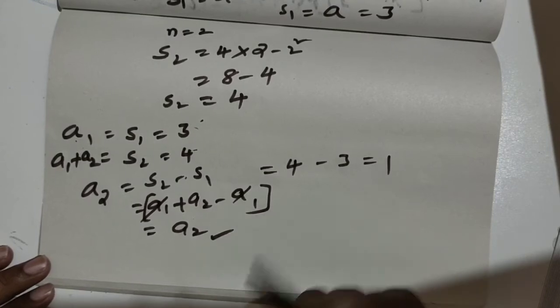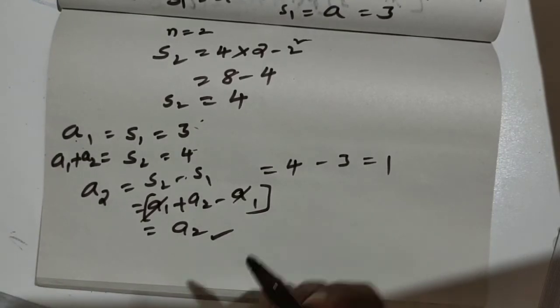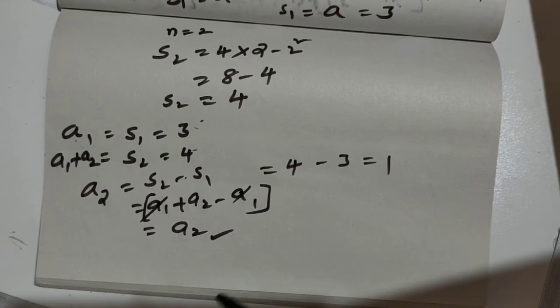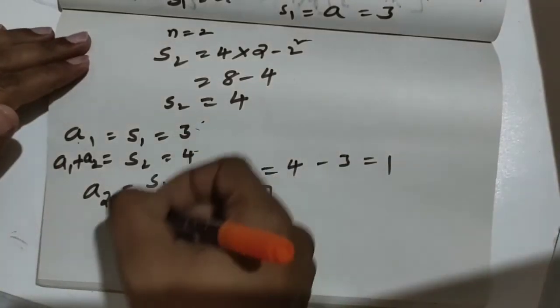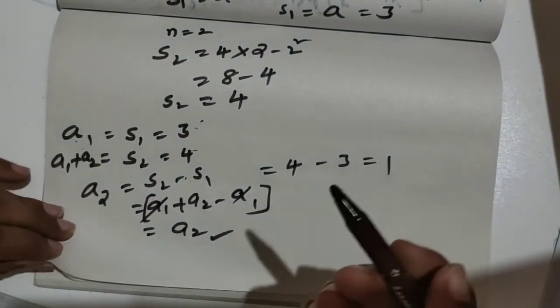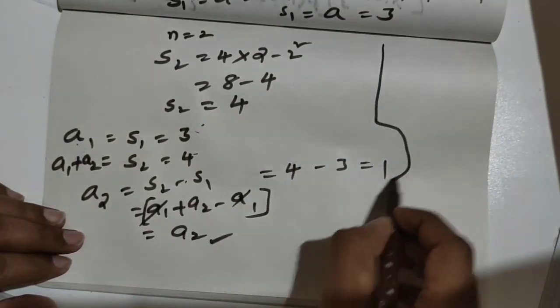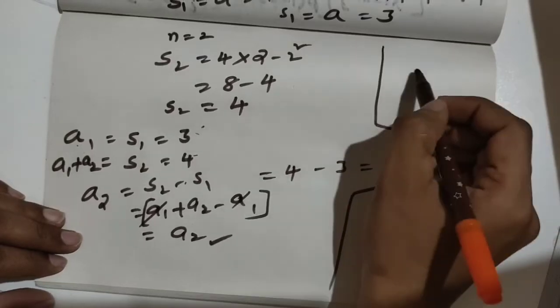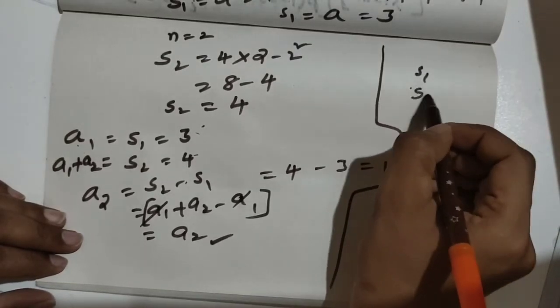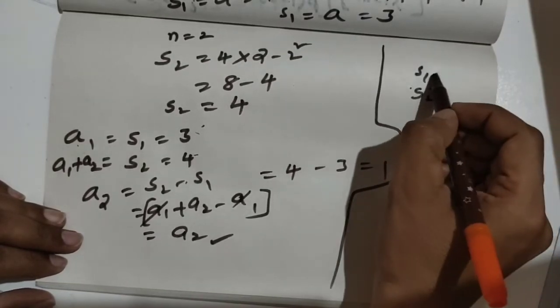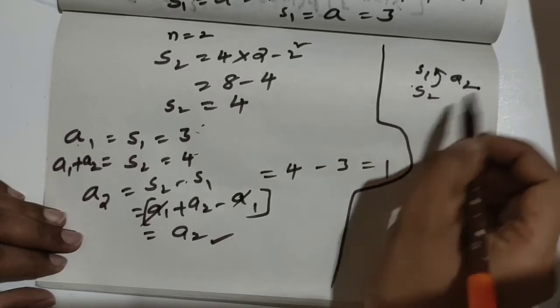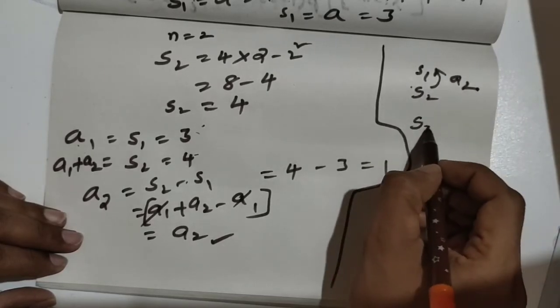And what about the third, 10th and nth terms? How can you find the third term? To get the third term, by the same pattern we have to find S3. To get the second term we used S1 and S2, and by subtraction of these two we got A2. Similarly, if you get S3, by subtraction we get A3. Children, see here: S3 means A1 plus A2 plus A3. S2 is A1 plus A2.